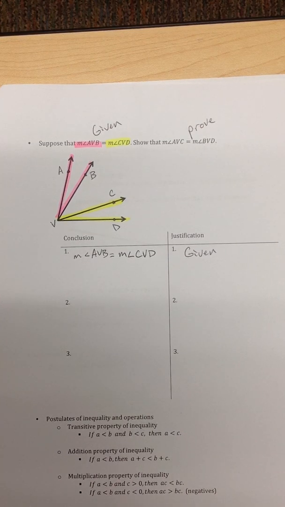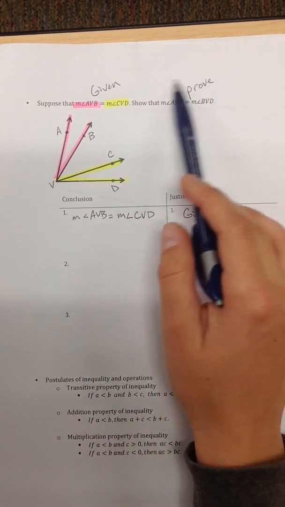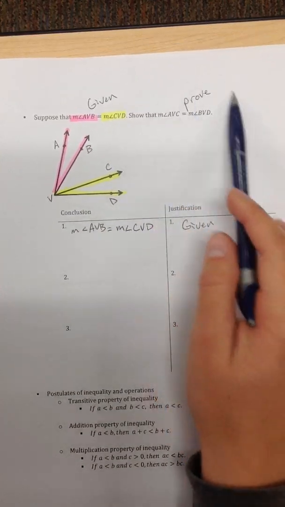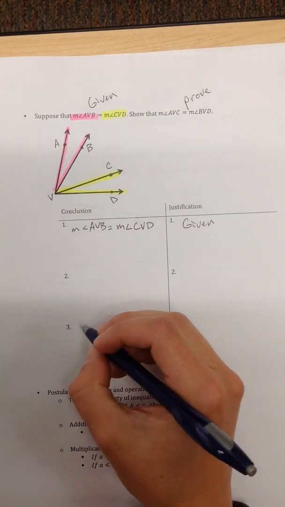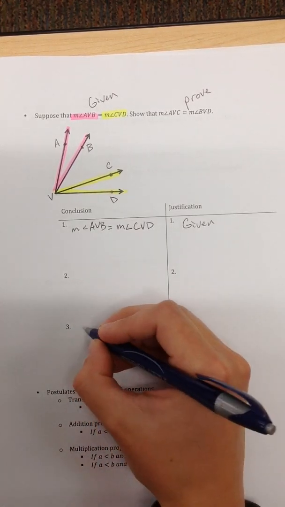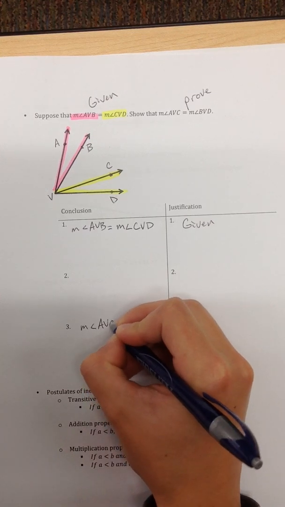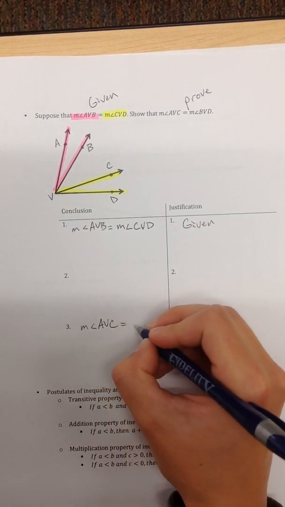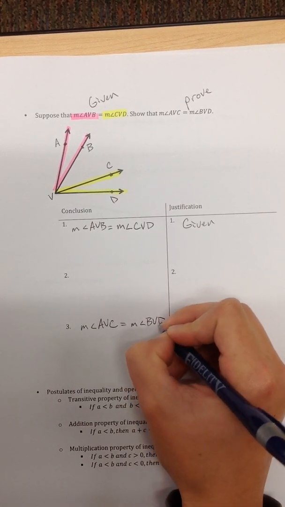Now usually the tricky part is figuring out these middle steps. So let's jump to the prove part. In the end we're trying to prove that the measure of those two angles is equal, so that's always going to be our last step. The last step is always what we're trying to prove. So the measure of angle AVC is equal to the measure of angle BVD.